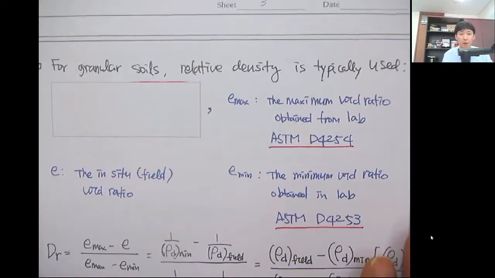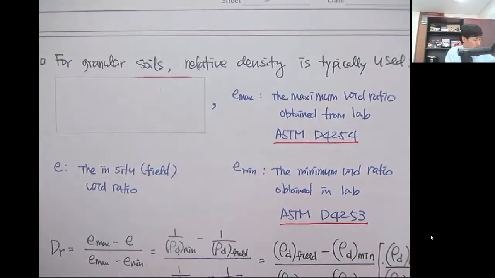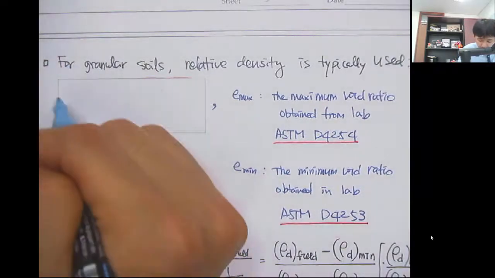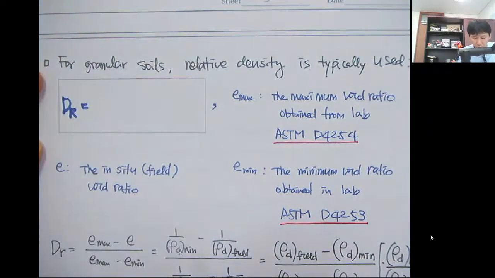For granular soil, the relative density is typically used, and the relative density is defined in terms of the void ratio relative to the maximum and minimum void ratio.